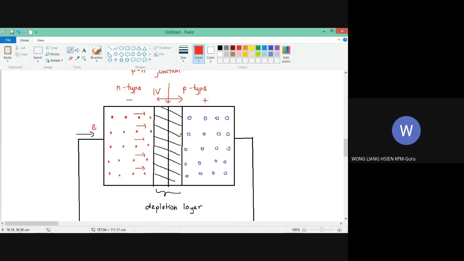So here there is hole, here there is electron. The depletion layer will become narrow.